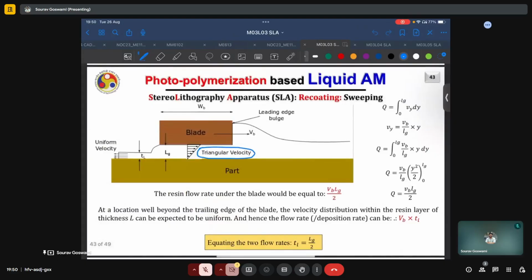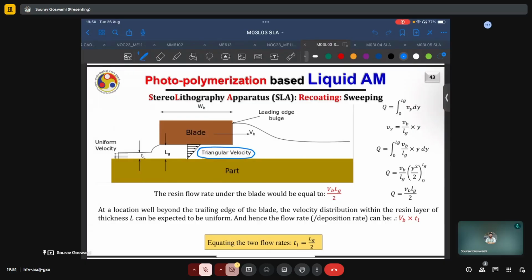And here we saw that because of the viscous nature of the resin, it adheres to the doctor's blade, and there is a leading edge bulge in the leading edge of the blade, and there is some increase in the resin height at the trailing edge of the doctor's blade as well.